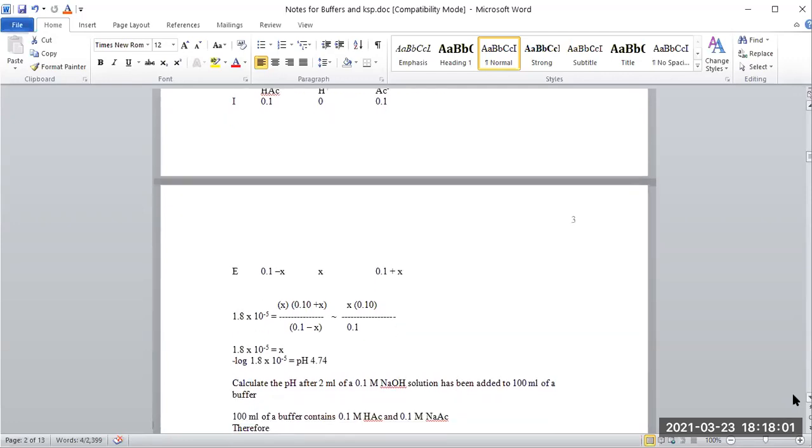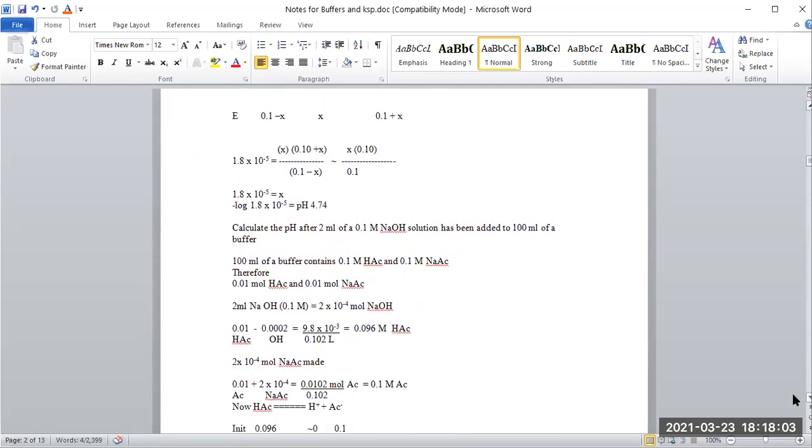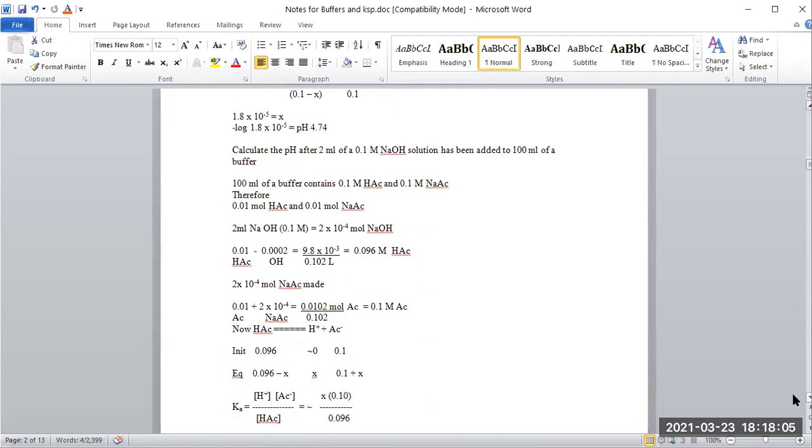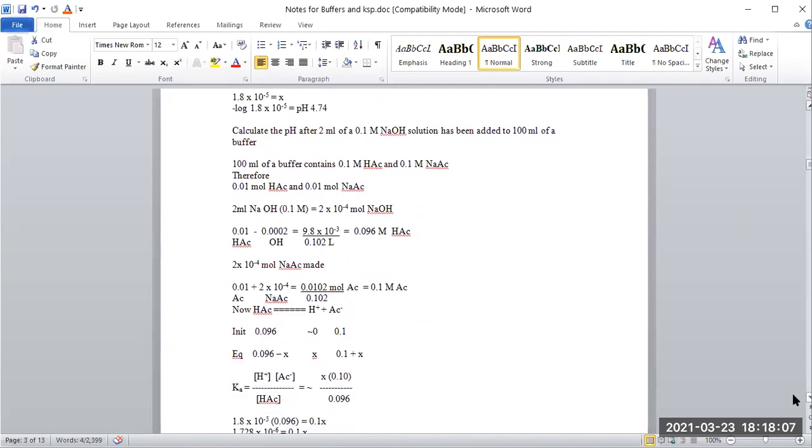But this time I'm going to add some sodium hydroxide. Okay, so start with the idea that, oh, sodium hydroxide's a base. This is going to make my pH go up. Now, granted, probably not a humongous amount, but it will go up because I am adding base.